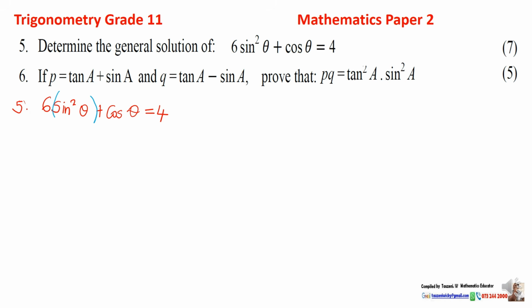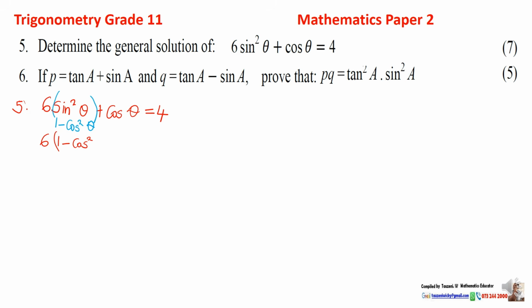So you remove the squared expression and replace it with an equivalent from that identity. Now, the idea behind this is that your trigonometric equation must have one trigonometric expression throughout. You must not have cos, sine, tan in the same equation.